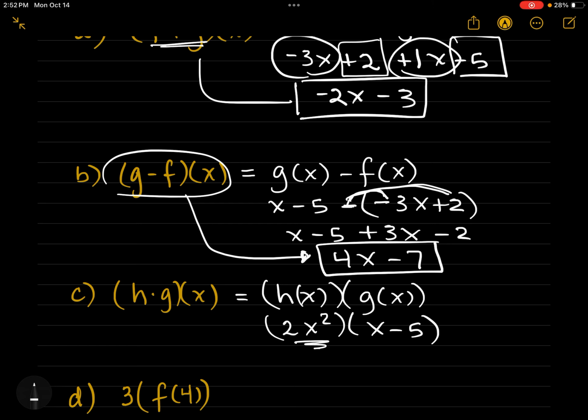In this situation, I'm going to take this and distribute it to the x. So I get 2x to the third. We add exponents. And now I'm going to take the 2x squared and distribute it to the minus 5. So 2 times negative 5, that's a minus 10. And I still have my x squared. So notice when we multiply numbers with numbers, variables with variables.